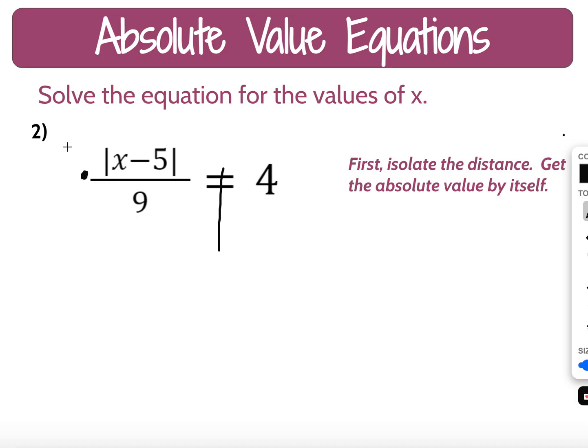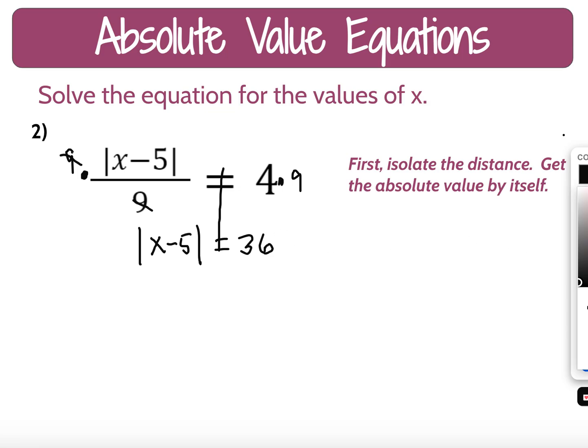Being that it's divided by 9, I'm going to undo that by multiplying both sides by 9. And then I have the absolute value of x minus 5 is now equal to 36.